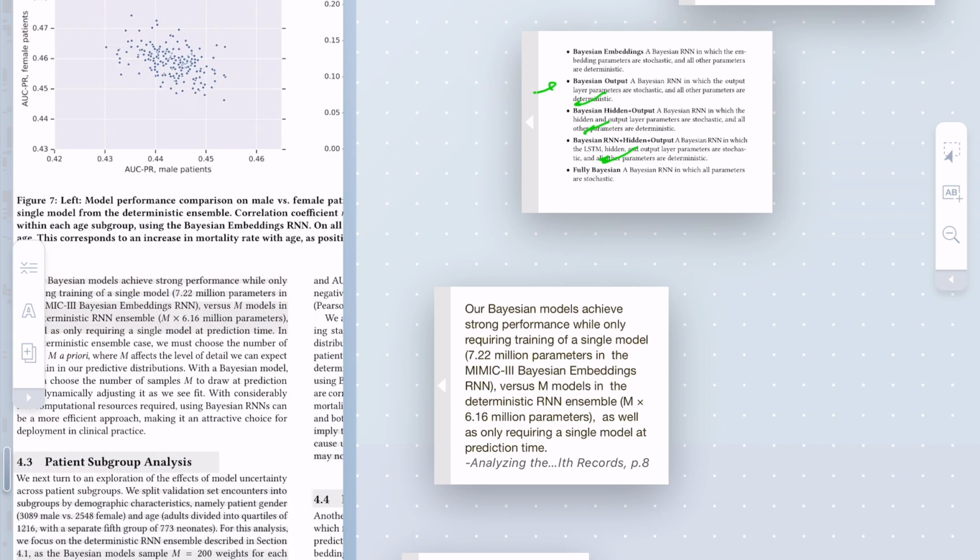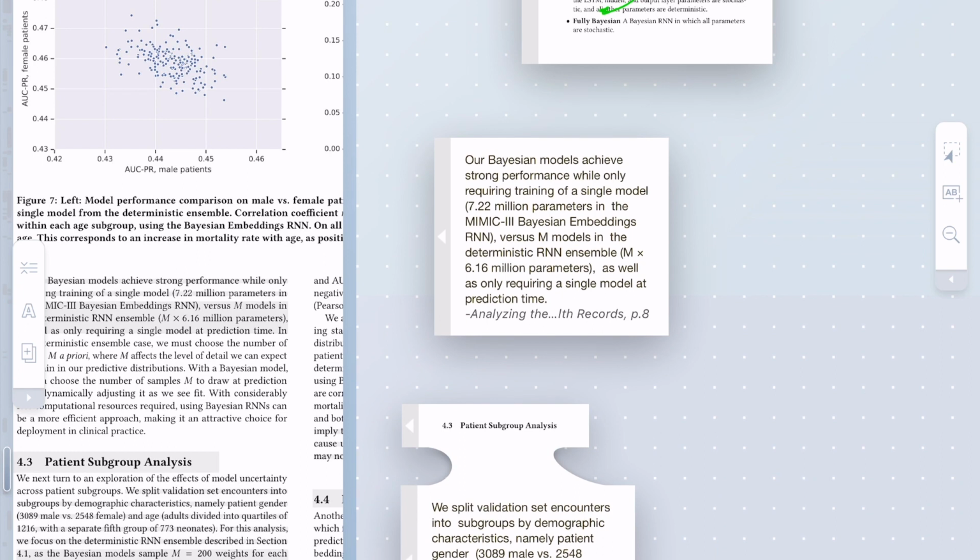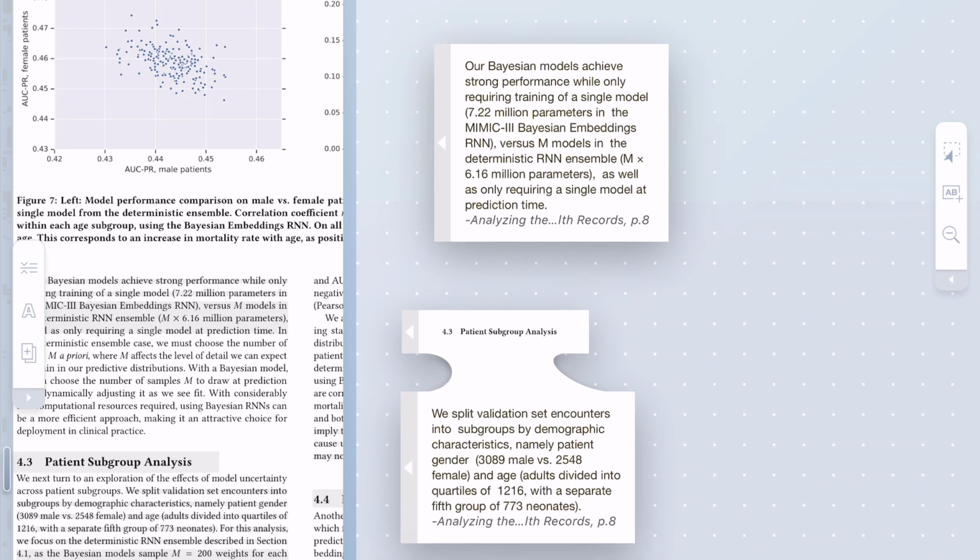So the results of their experiments also show that the Bayesian model is more efficient to train rather than having to train M models, because then we would have M times around 6 million parameters. But with Bayesian models we can have a lot less than that, because it is M times more efficient in terms of storage space at least.